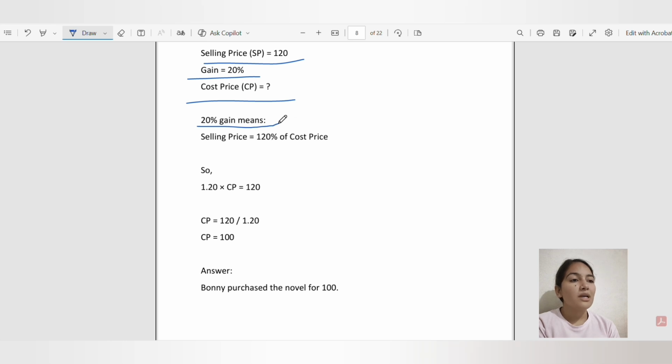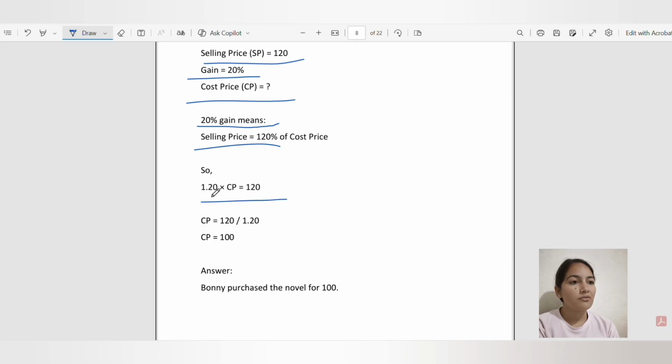So 20% gain on something means the selling price would be 120% of the cost price. To gain 20%, the selling price must be 120% of the cost price. Now how do we write 120% of cost price?